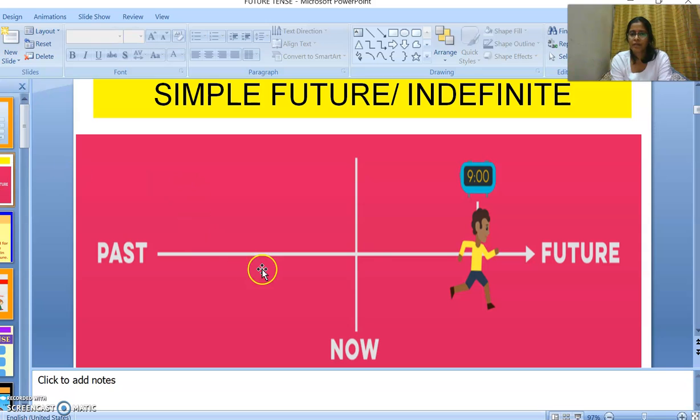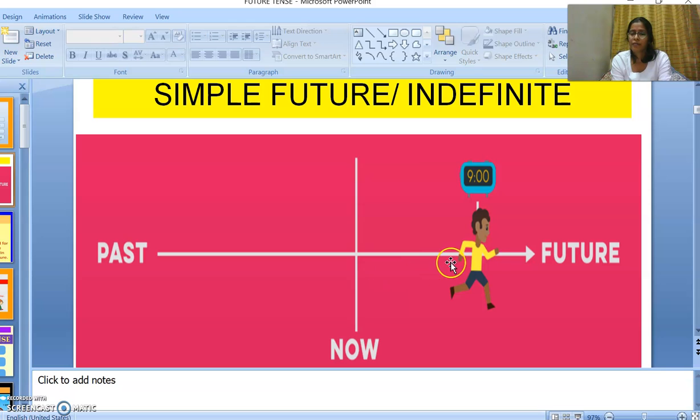So this is the timeline, and this point stands for present time, this denotes past, and this stands for future time, and this more is in the position of running, and here it's showing 9 o'clock. So if I say the boy will run at 9 o'clock, it means I'm talking about an action that will take place in future, right?